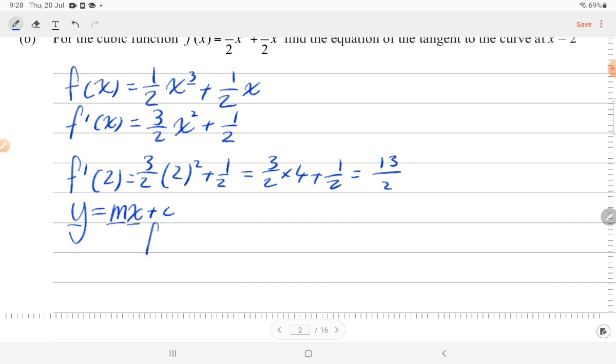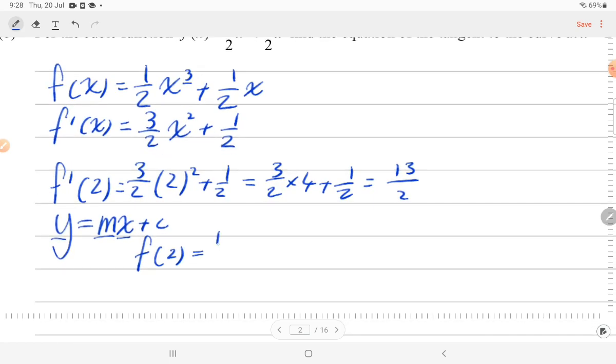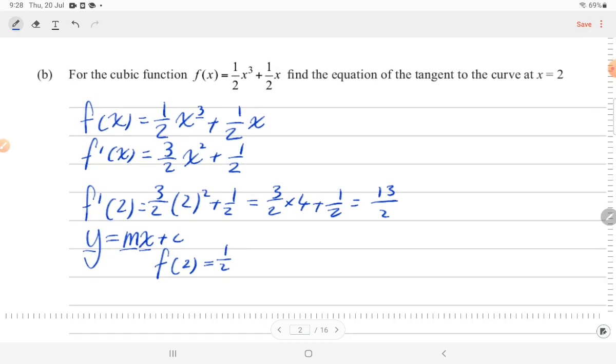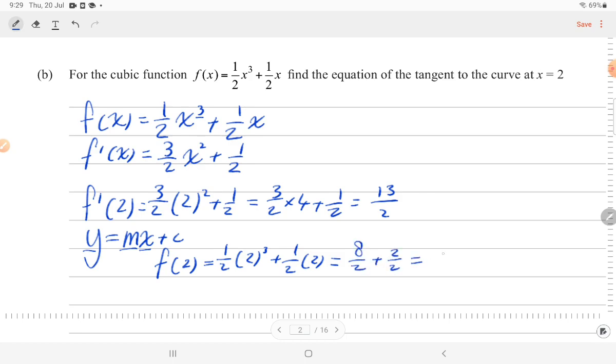Y and f(x) are interchangeable for the most part, so let's figure out what y is at x equals 2. So f of 2 is equal to half, let's bring up the question, half of 2 cubed plus half of 2. This is equal to 8 over 2 plus 2 over 2, which is equal to 5.